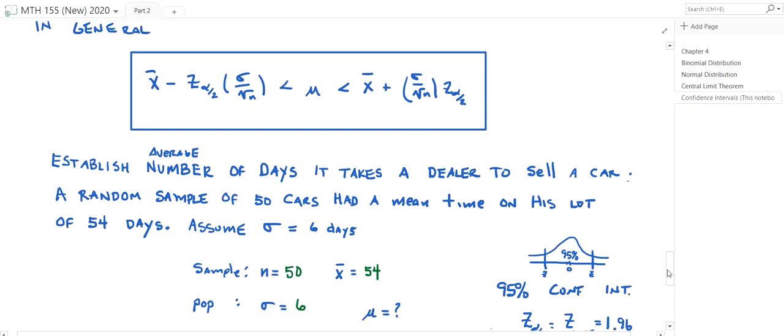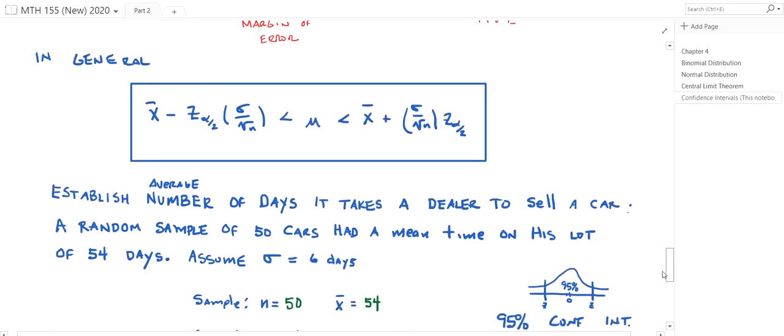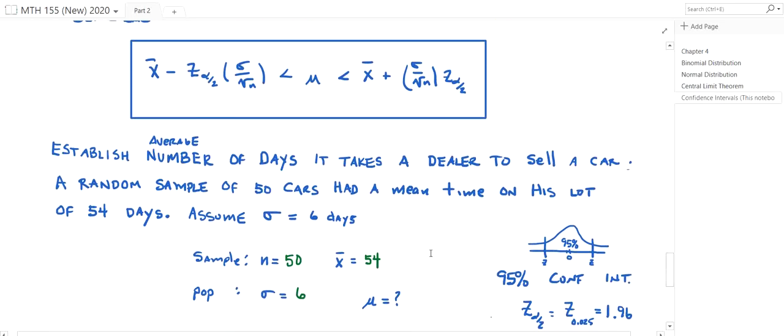That's what we want to try to determine. We want to do that with 95% confidence. So if you look over here at the right, we want to set up a 95% confidence interval around this value. And that's going to lead to a z value, z sub alpha over 2, where alpha here represents 5%.